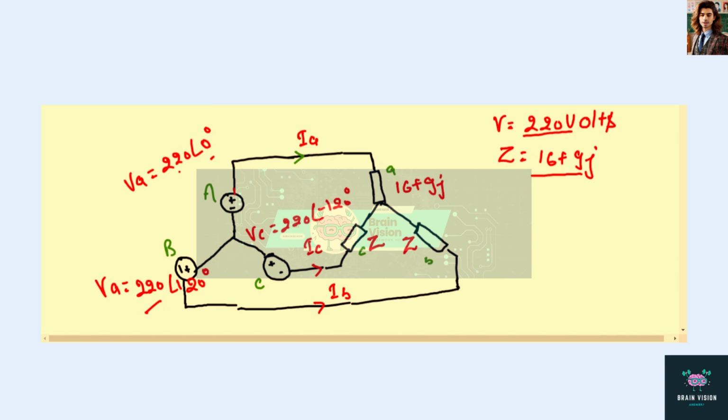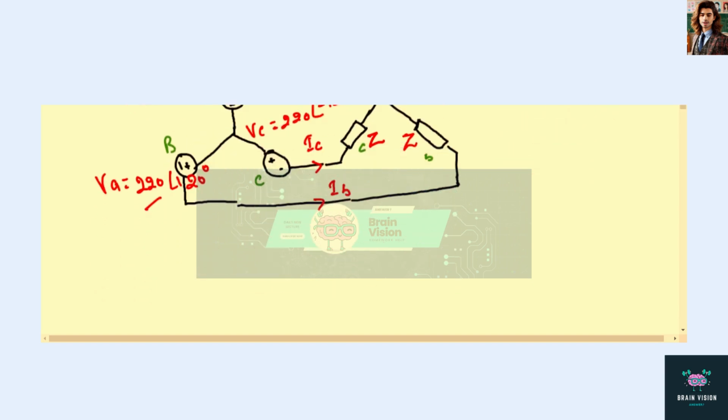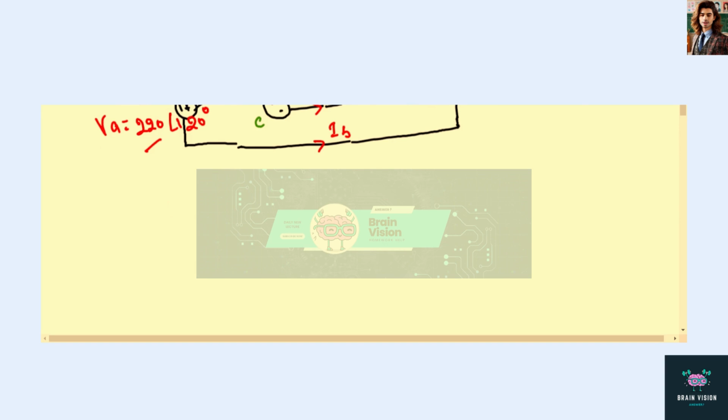Now what we have to find out is the line current. As this is a balanced connection, the magnitude of the line current will also be the same in each line. So IA, IB, and IC will have the same magnitude in each line.